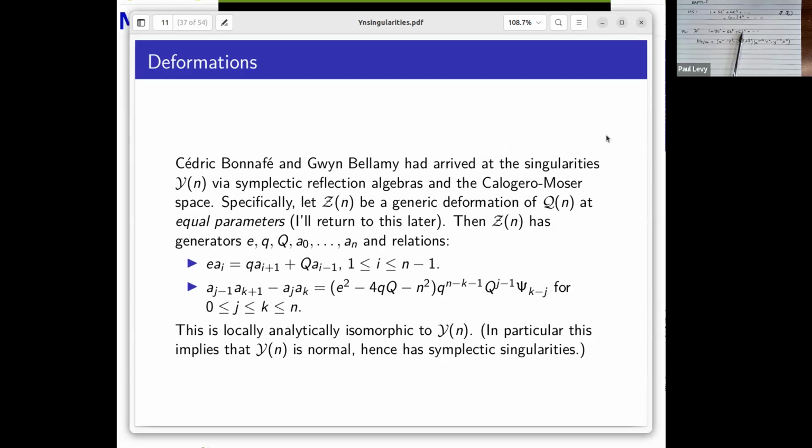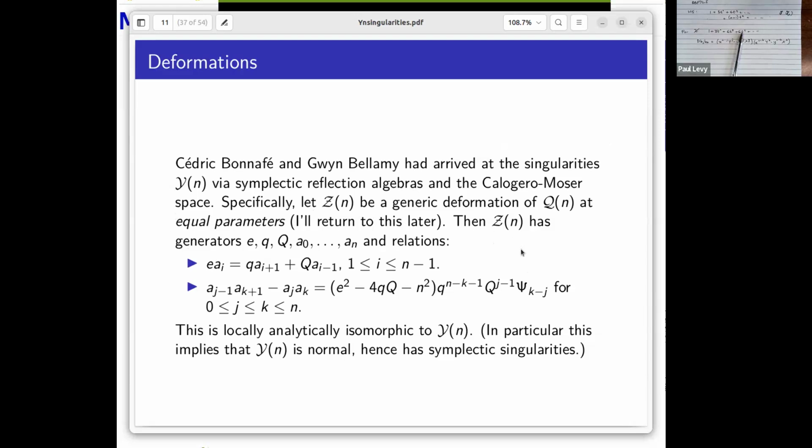So you get these from symplectic reflection algebras. Calogero-Moser space gives you these parameters, and you look at the deformation coming from generic parameters in the parameter space. So specifically, they looked at the case of equal parameters, which is only really an issue when n is even. So I'll come back to that.